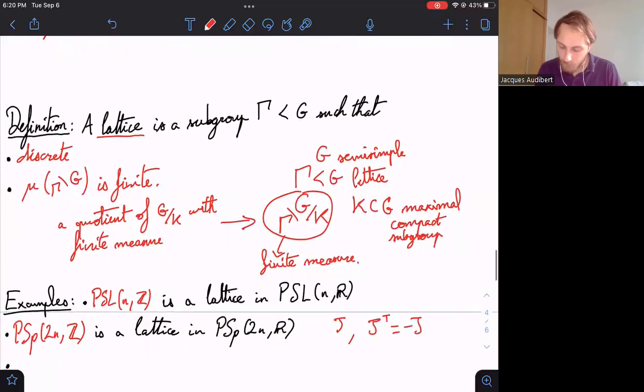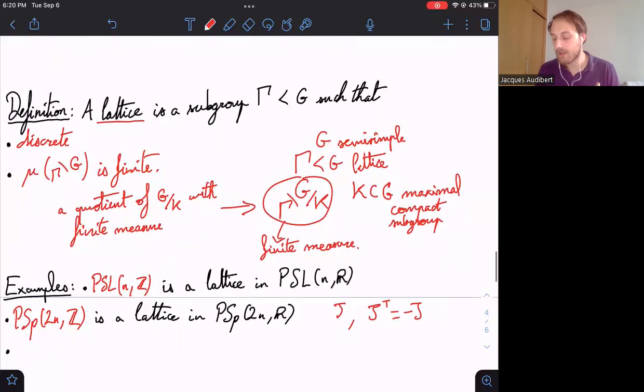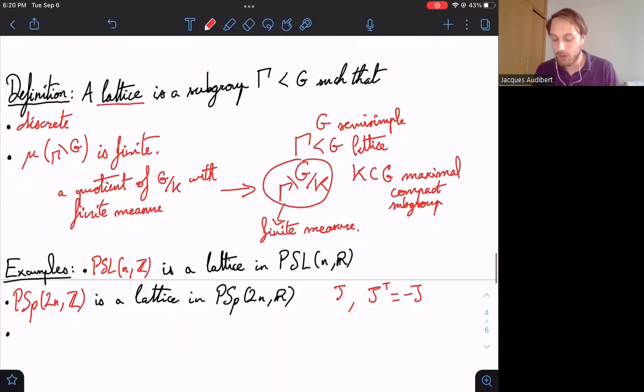You can notice already that those constructions are really arithmetic constructions, and there's a reason. There's a deep theorem that says that if the rank of your Lie group is high enough and your Lie group is simple, then lattices will always be built by arithmetic constructions.